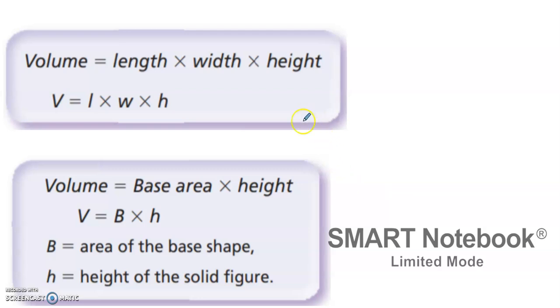These are your preferences. Personally, I tend to use length times width times height, which most people do use, so that's what we're using in this video. However, you may do it using the base area times the height as well. So let's look at our first figure.